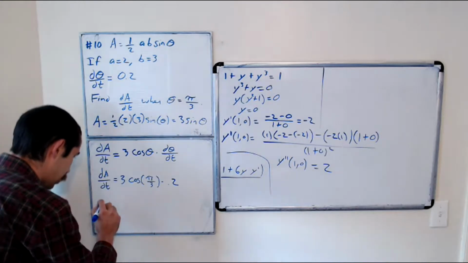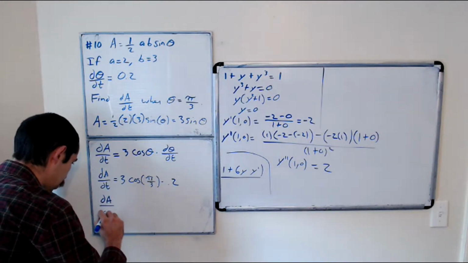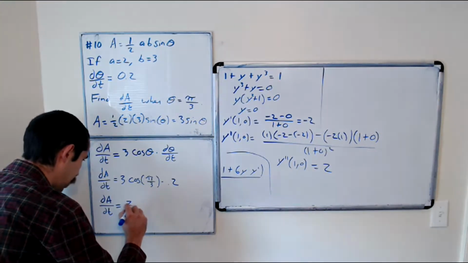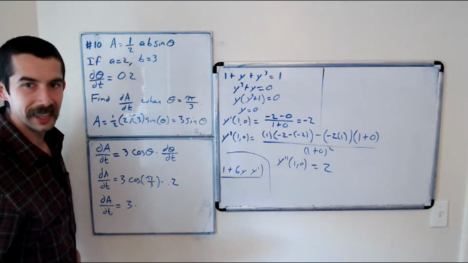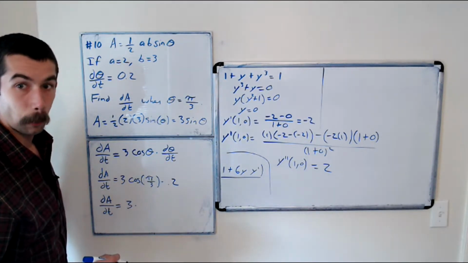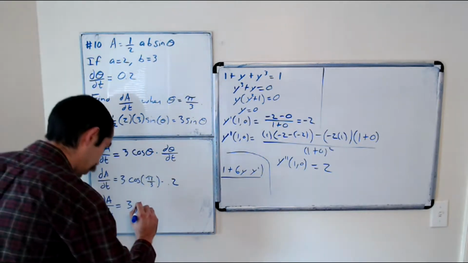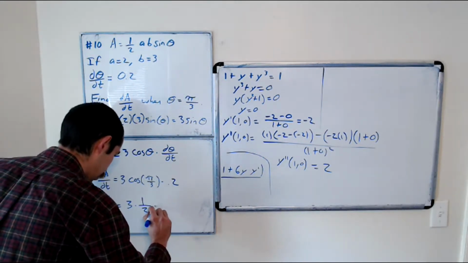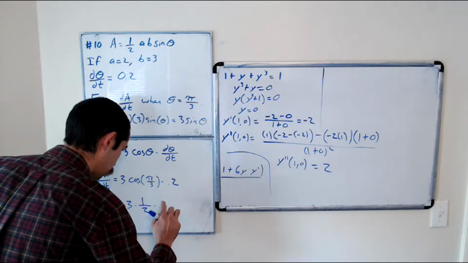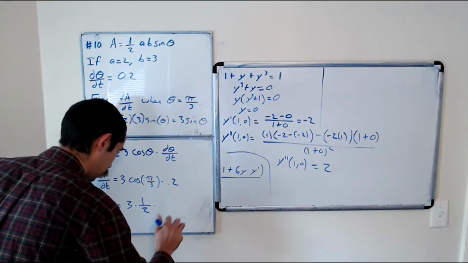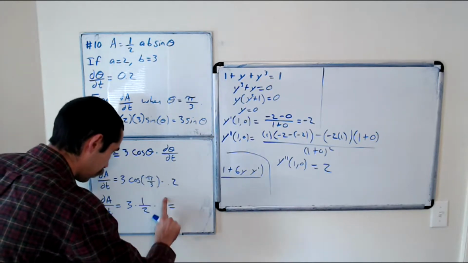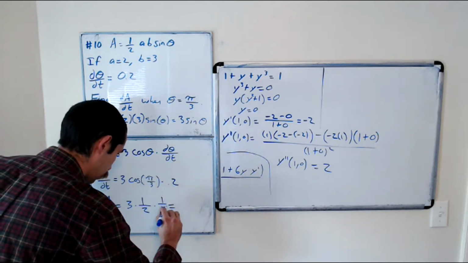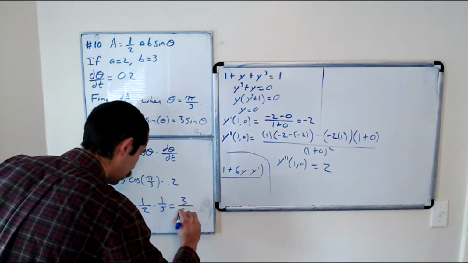Okay, and so this dA dt is equal to 3 times, well, cosine of pi over 3 is what? 1/2, I think, times 0.2. And well, 0.2 is the same thing as 1/5. And so this works out to be 3/10.